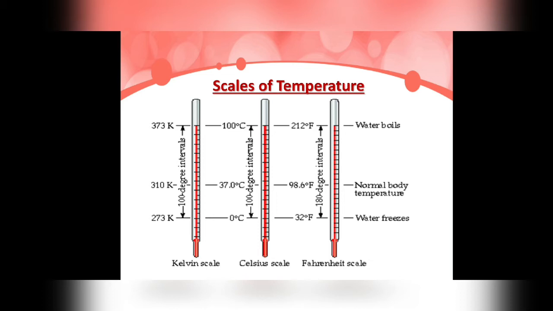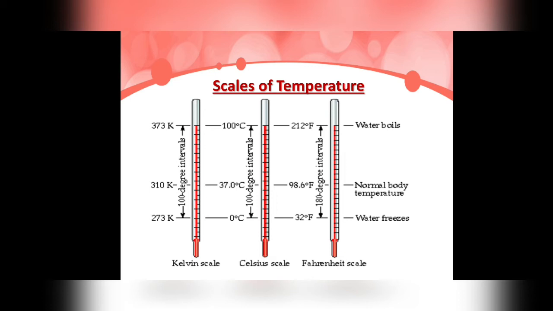On the other hand, the Fahrenheit scale is divided into 180 equal parts called degree intervals. The freezing point of water in the Kelvin scale is 273, whereas in the Celsius scale it is 0 degree Celsius, and in the Fahrenheit scale it is 32 degrees Fahrenheit.